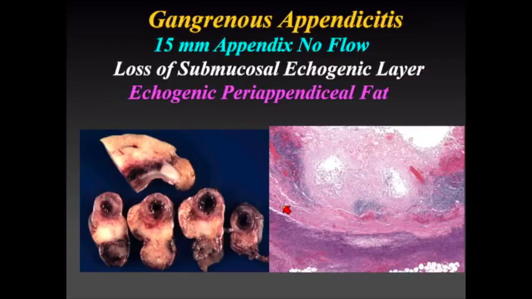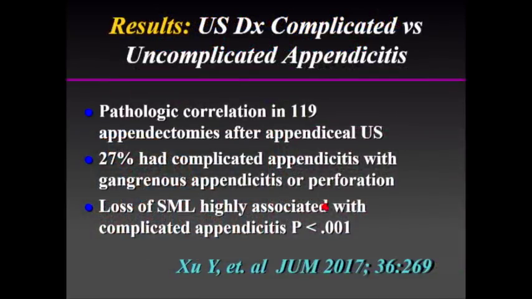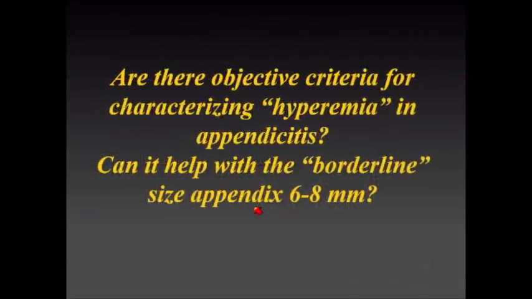So an excellent discriminator. And here's a study from our group that we published showing that this had an extremely highly associated factor. If you lose your SML, highly likely to be complicated appendicitis. Conversely, if that SML is intact, highly likely to be uncomplicated. So that's very useful going forward.